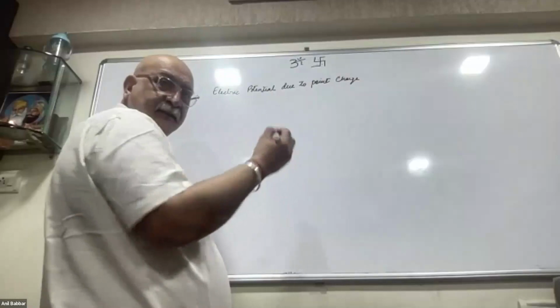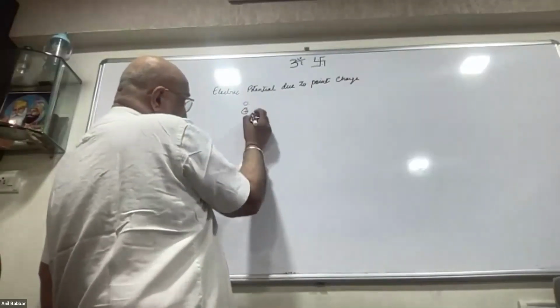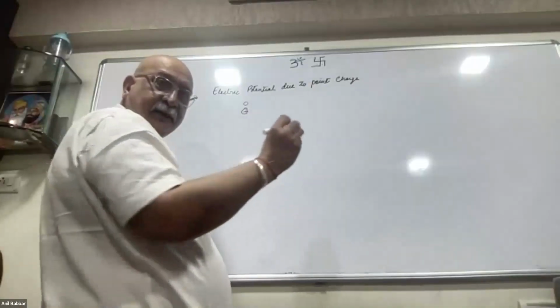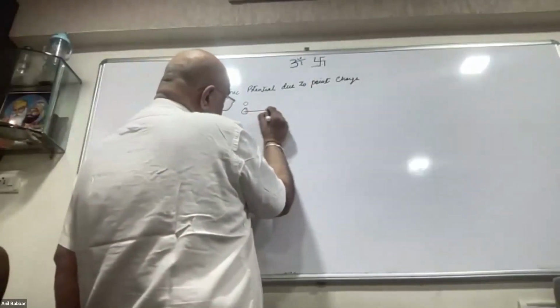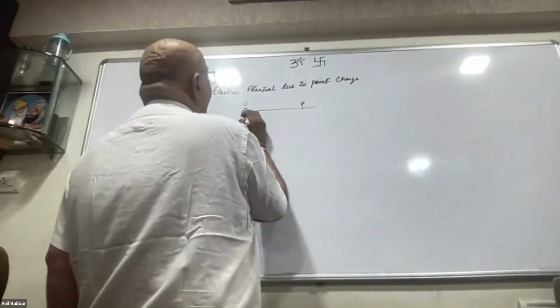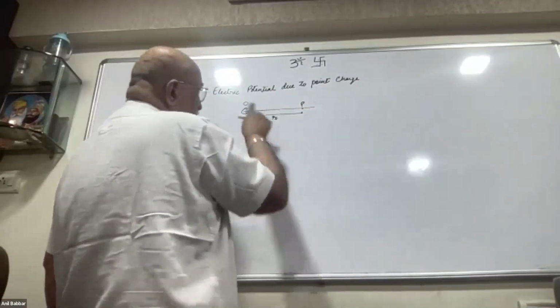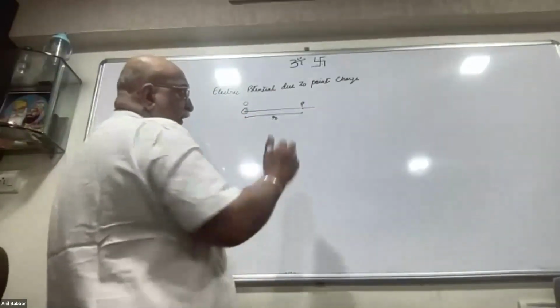Let's say here is the charge at point O, and we need to find the electric potential at point P, which is lying at a distance of, let's say, R from the point charge Q.